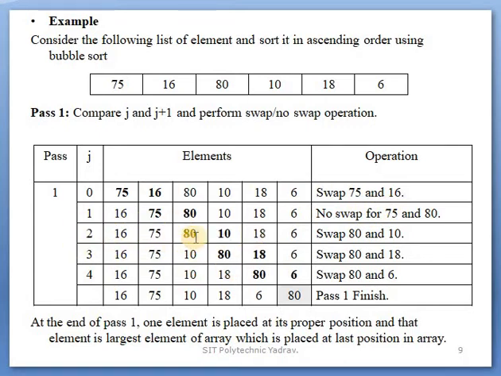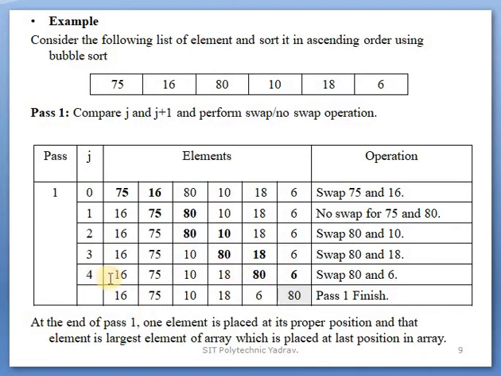After that, 18 and 10 are checked. 18 is greater than 10, so swap 18 and 10, and the numbers are interchanged to 10 and 18. Next, 80 and 18 are checked. 80 is greater than 18, so we interchange them, swapping 18 and 80.